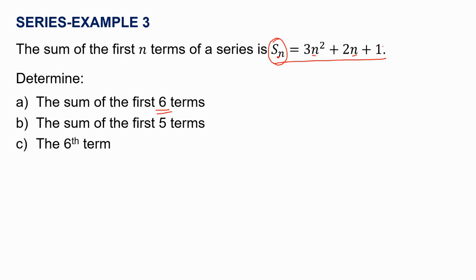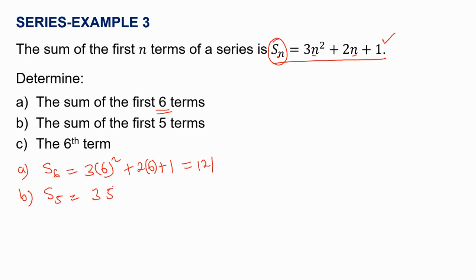This formula is not for the sequence, but it's already for the series. So A is saying S6 is equal to 3 times 6 squared plus 2 times 6, then plus 1, which is 121. Right, B, the sum of the first 5 terms is going to be 3 times 5 squared plus 2 times 5 plus 1, which is equal to 86.